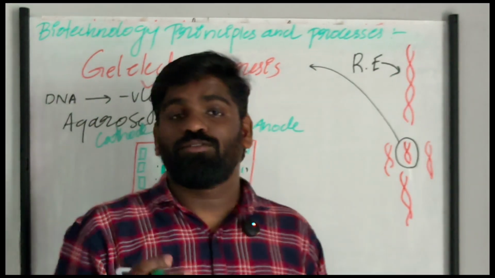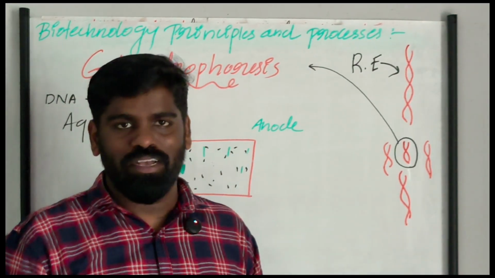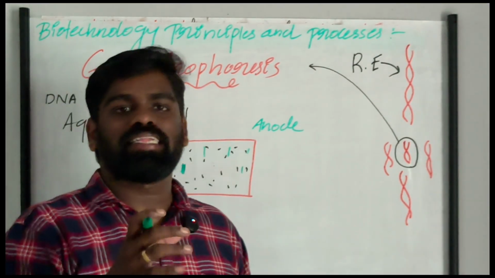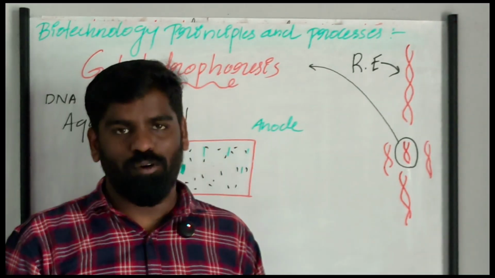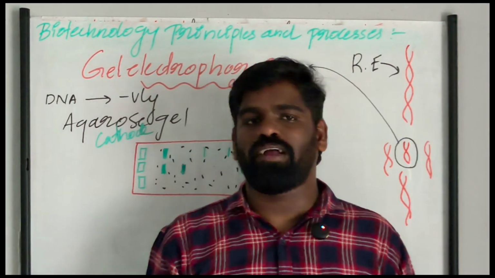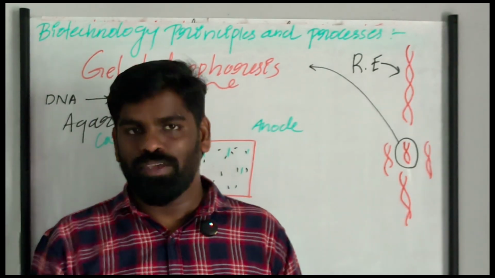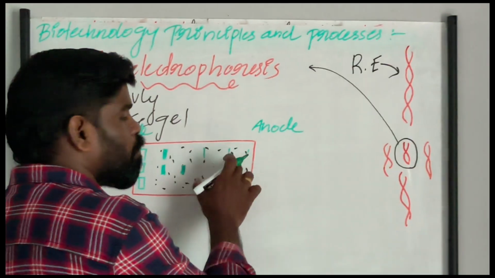Now we don't know whether the separation has happened or not. To see that, we have to add ethidium bromide. After exposing the gel to UV radiation, we can see orange colored bands.